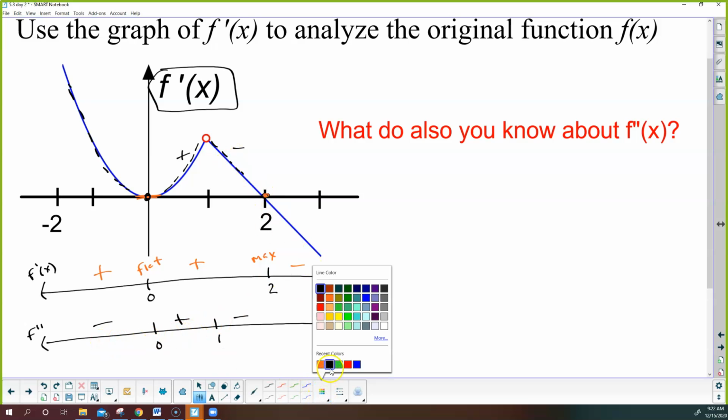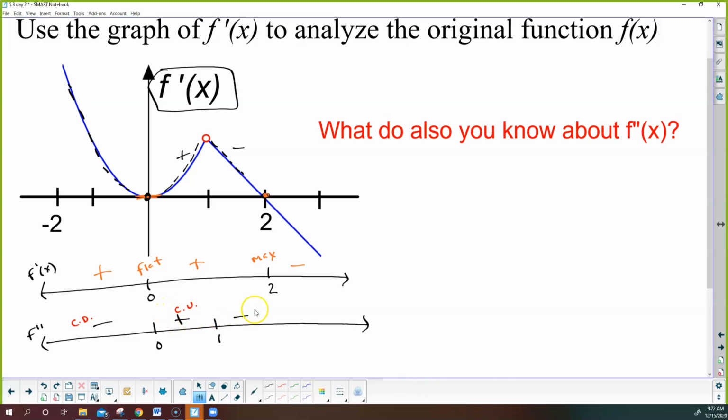So what do I know? I know that when the second derivative is negative, this is concave down, this would be concave up, and this would be concave down, and I would have 2 points of inflection because they're ones where the derivative of the slope, the slope of the slopes, is 0, or the derivative doesn't exist.